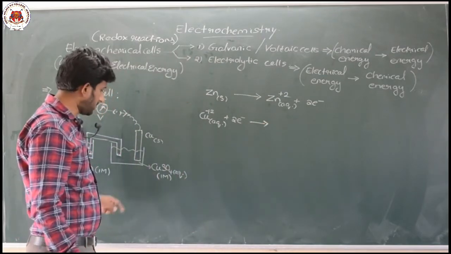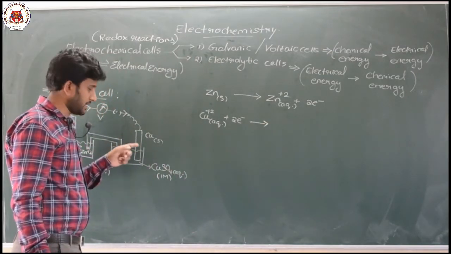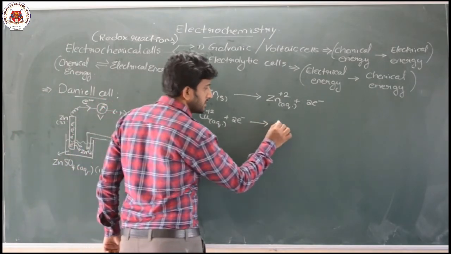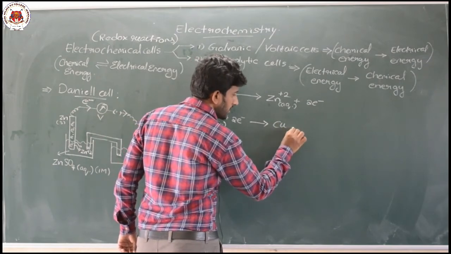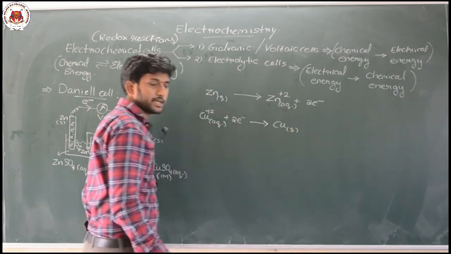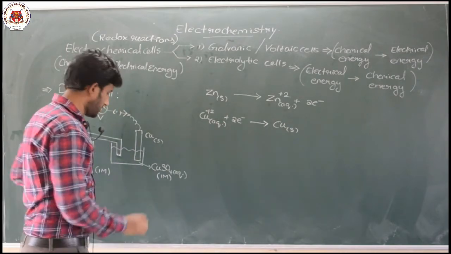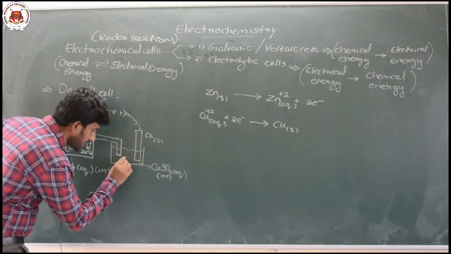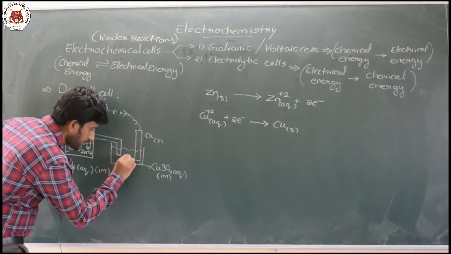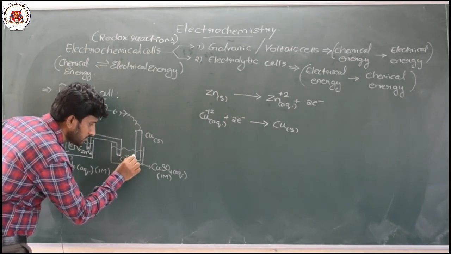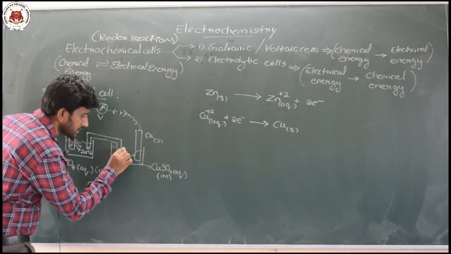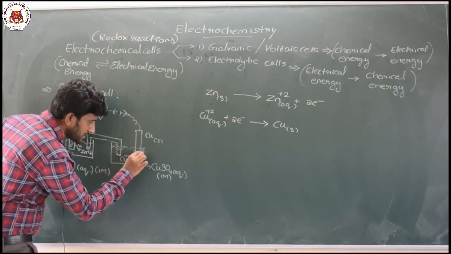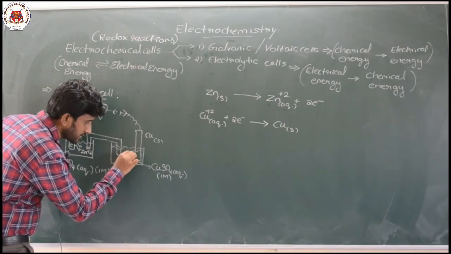That means Cu2+ ions are undergoing reduction and getting deposited on the rod. Electrons are transferred from here to this rod, and copper 2+ ions take those electrons and get deposited on the surface of the electrode.